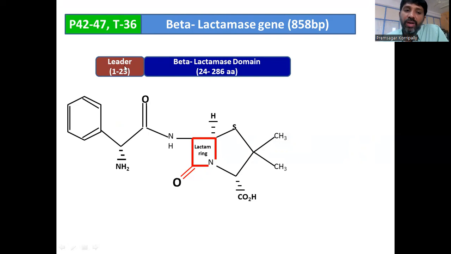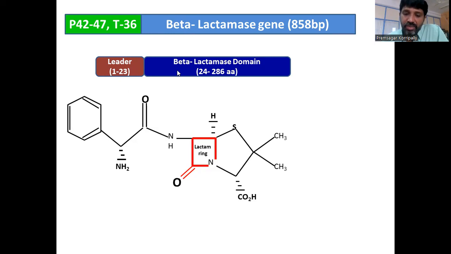The leader domain helps in the transport of the enzyme from the cytoplasm to the periplasmic space, where it is going to inactivate the penicillin. And the beta-lactamase domain is from amino acids 24 to 286, and this domain is actively involved in breaking down the beta-lactam ring of penicillin.